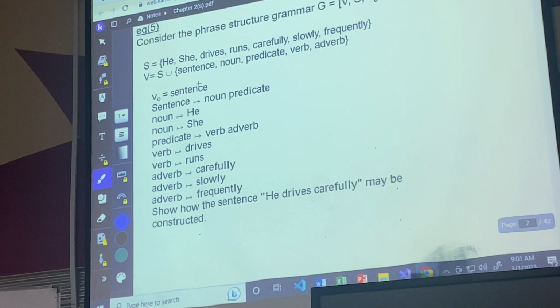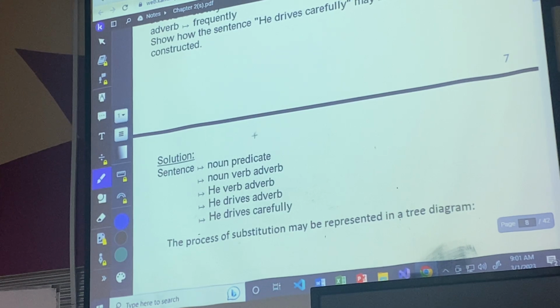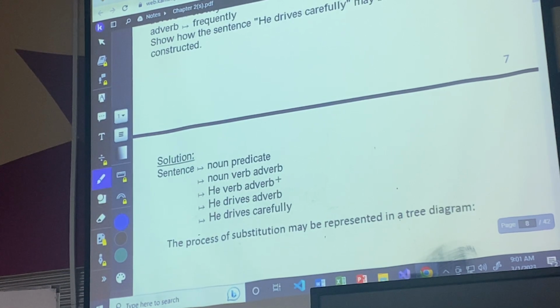So we just replace one by one. Follow this step. Noun and predicate, you have these two components for a sentence, and then you replace the noun with he because you want to get he drives carefully, right? So the noun you replace with he, the verb with drives, and the adverb with carefully. That is how we get the sentence he drives carefully, by substituting all these words step by step.